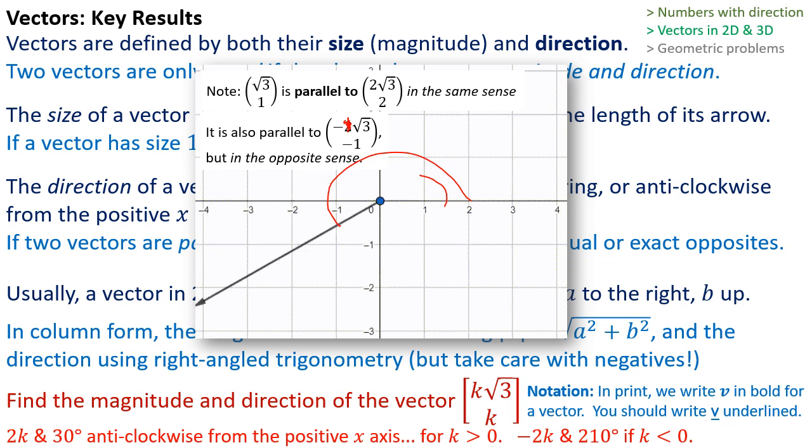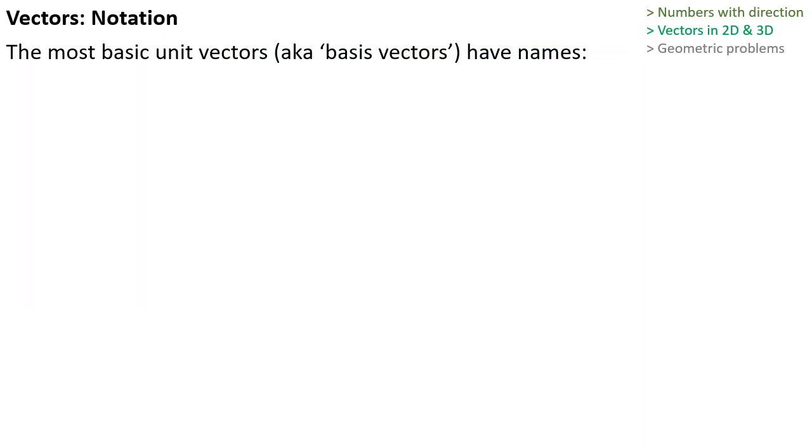So if you can multiply a vector by some number, you will be generating a parallel vector. If the number you multiply it by is a negative, then you'll be generating a parallel vector in the opposite sense.